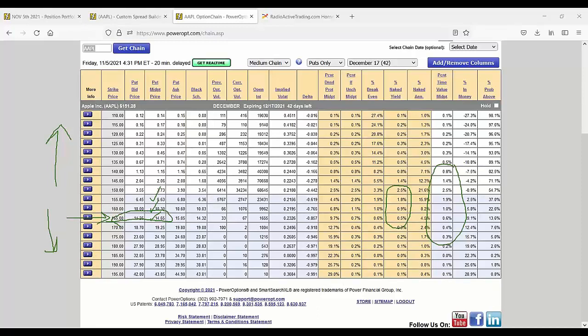What I'm looking to illustrate here is that at the money bell curve. Are you trying to collect raw premium, or are you trying to collect time value on a consistent basis? If I'm focused on the time value, which helps with this percentage yield, you see you get a lower time value as you go deeper in the money because most of this is intrinsic value.